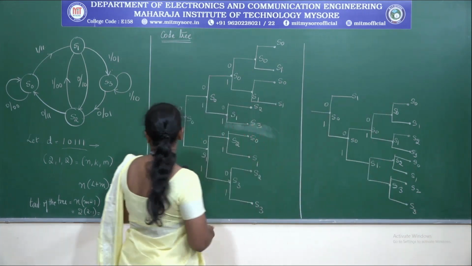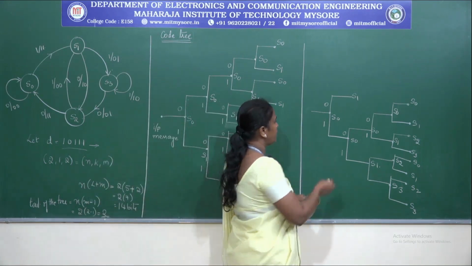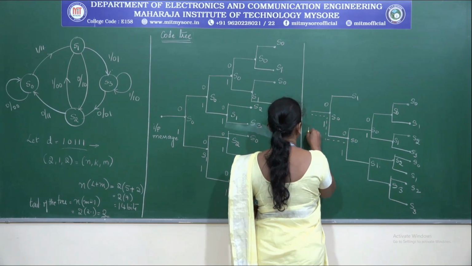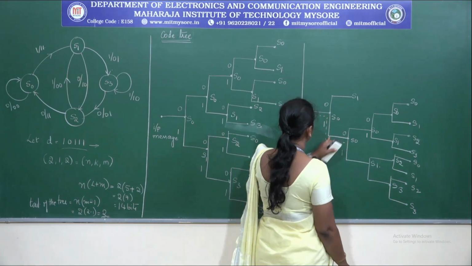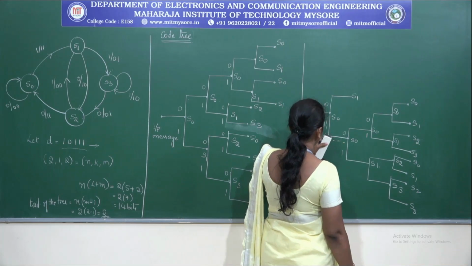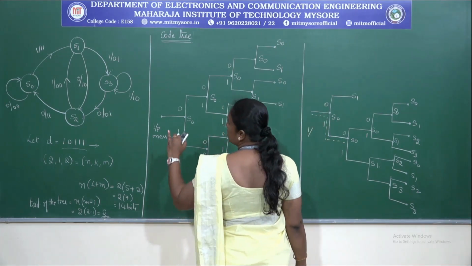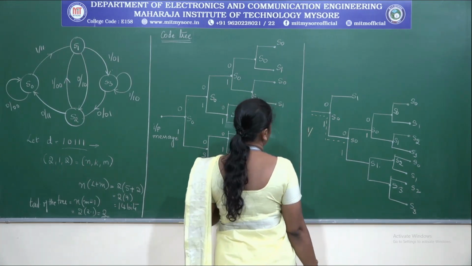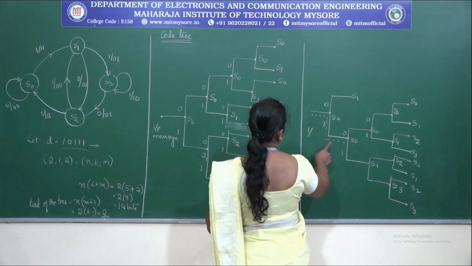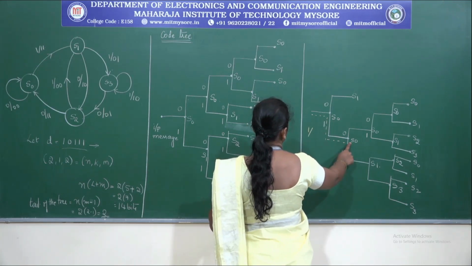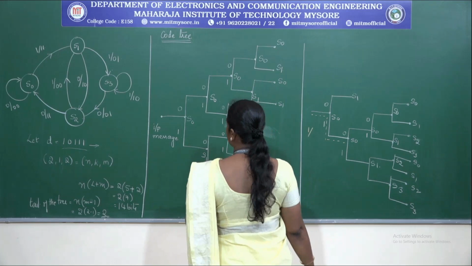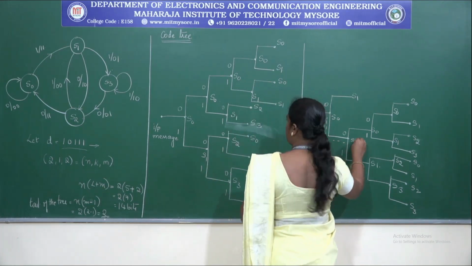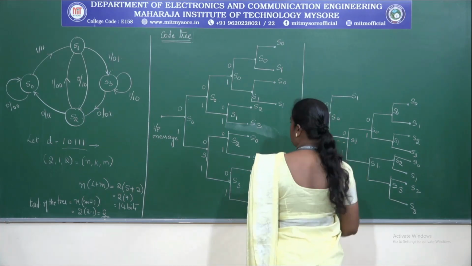So now considering the message input D is equal to 1, we need to make a downward transition. So this is for the message input 1. So with S0 with input 1, from S0 with input 1 it is going to make a transition to S1. So this should be S1 with input 1.